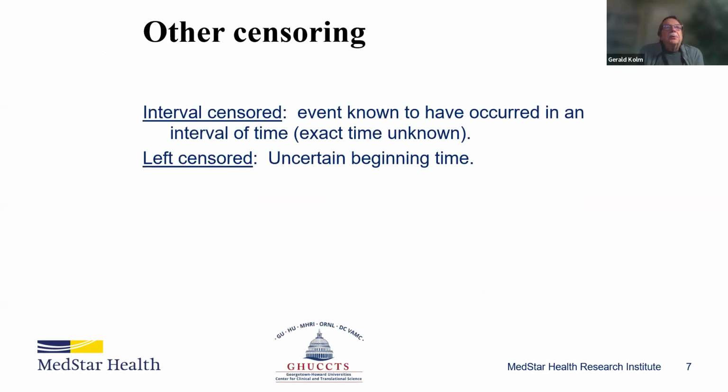So other types of censoring: interval censored is the situation where we know the event occurred, but we're not sure exactly when it occurred, but we have an interval of time that we know it occurs sometime in that interval. And then left censored, which is actually more difficult to analyze, is that we know that there's an event and the time of the event, but we're not sure when the beginning time is.